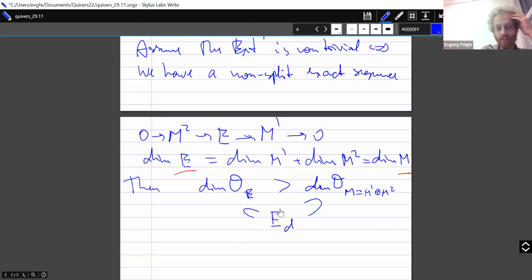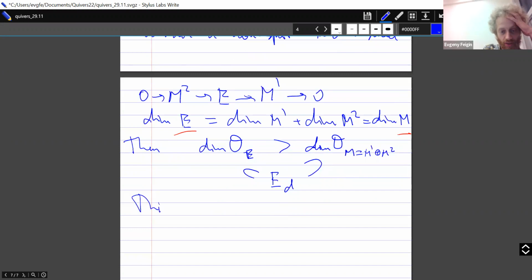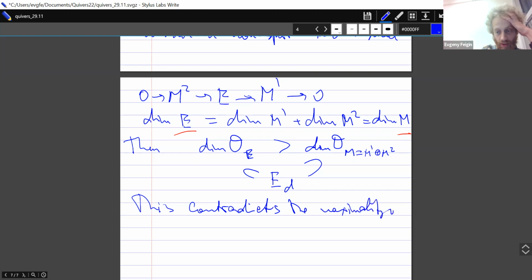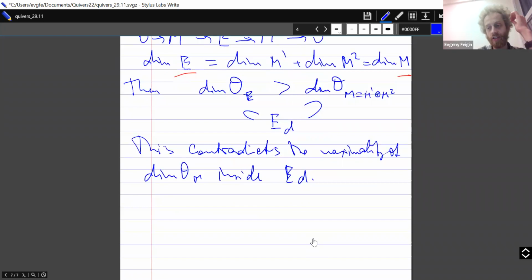But this is a contradiction. This contradicts the maximality of the dimension of O_M inside E_D. You remember that our M was taken with the condition that the dimension of the orbit is maximal among all possible orbits.